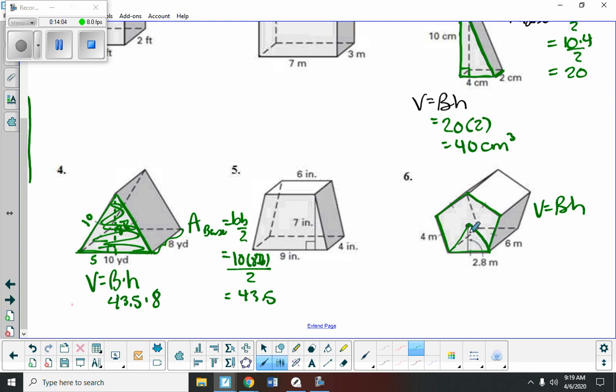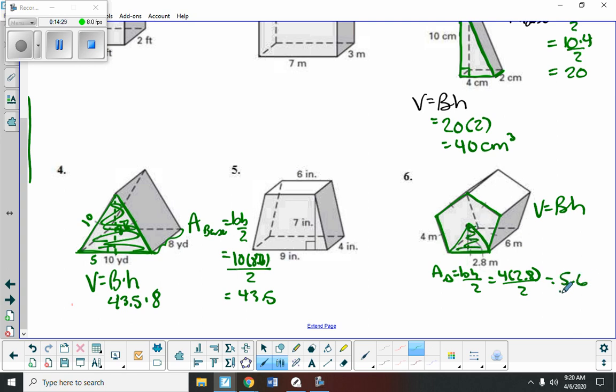So 2.8 is the height right here. So the area of a triangle, base times height divided by 2. So the base, this length is 4. The height is 2.8. They gave us a lot of information. Divided by 2, which would be 2 equals 5.6. So that's the area of this triangle.